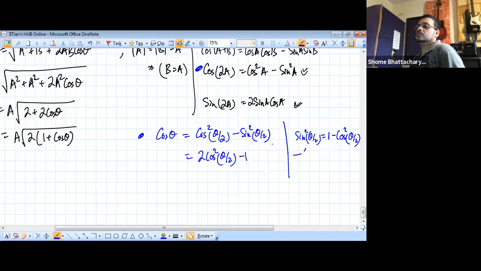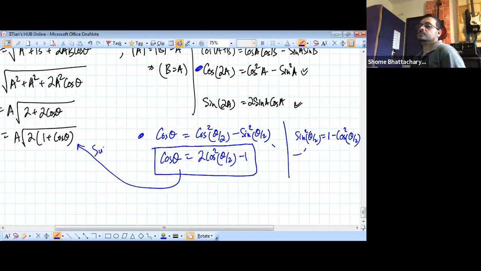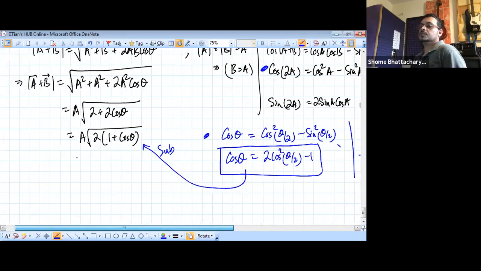So substitute this over here and we get this. If you substitute this here, this becomes A into 2 into 2 cos square theta by 2, because that 1 cancels out.